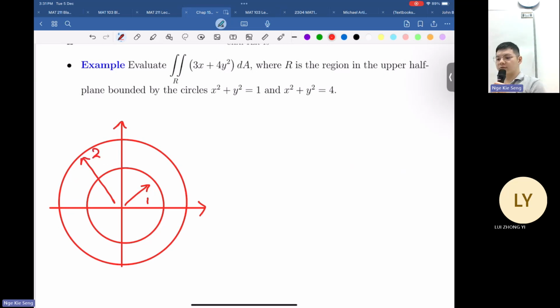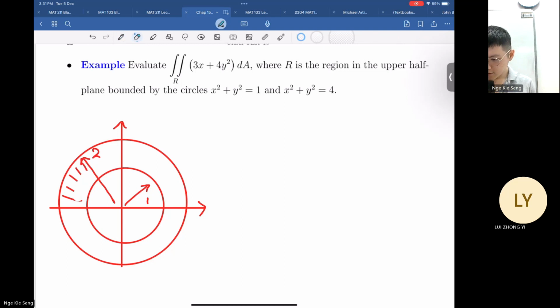So where's the R here actually? Upper half plane, so above the x-axis, and then bounded by these two circles. So the meaning is the annulus in the middle here, a half annulus. So here is your R.